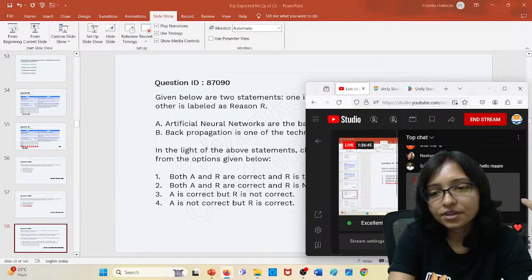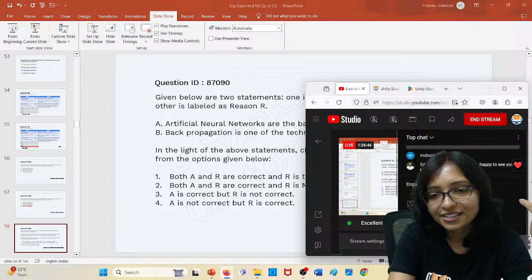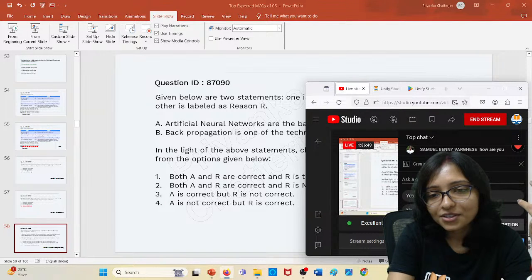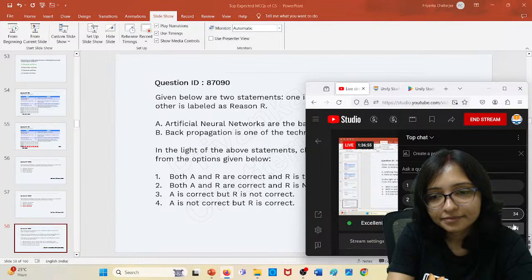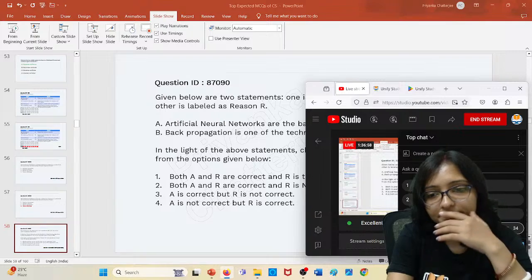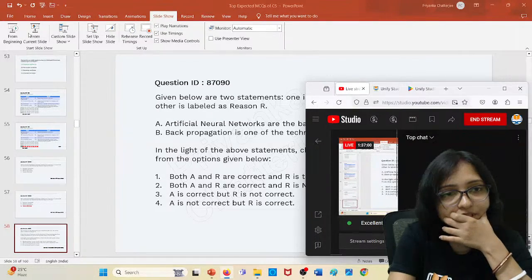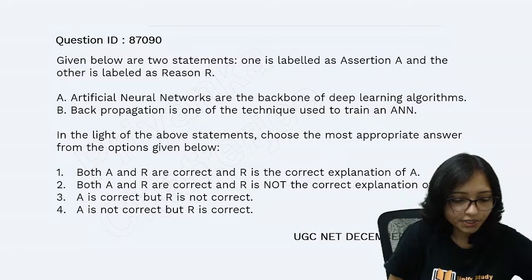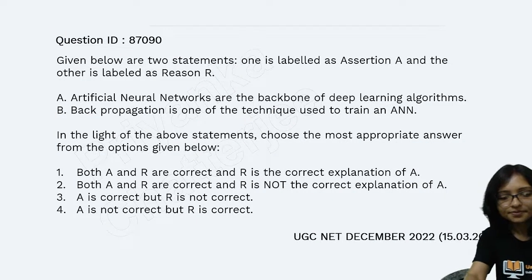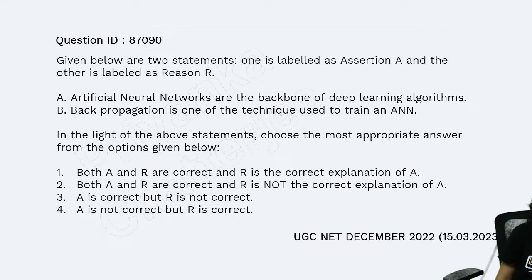Now I am giving you the next question. The next question is for you. Your time started, and read it and do it. Given below are two statements. Read properly, then answer.